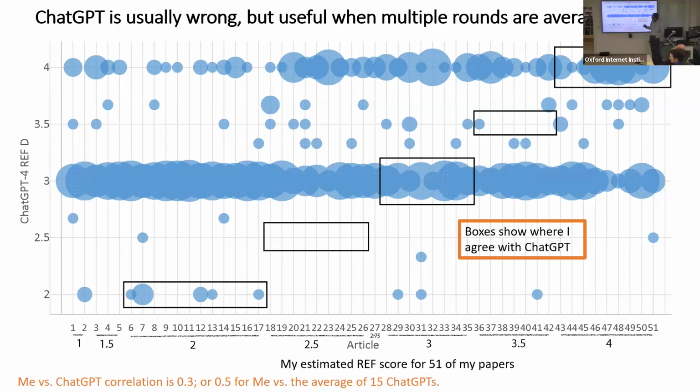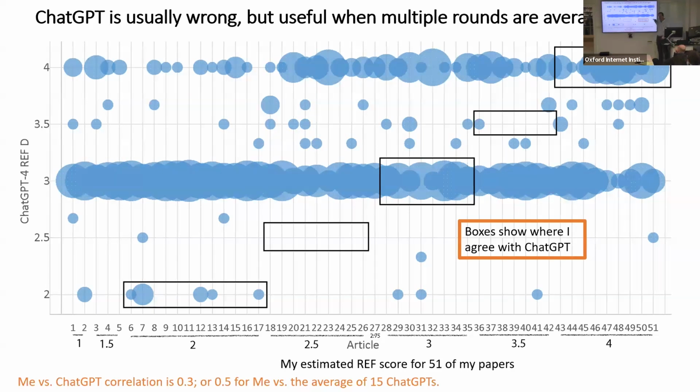But if you correlate the ChatGPT scores with my scores, the correlation is actually positive, about 0.3. So it's not random, it's not guessing, it is doing better than guessing. If I give an article a higher score, ChatGPT is more likely to give it a higher score than not. But the power comes from averaging the ChatGPT scores.